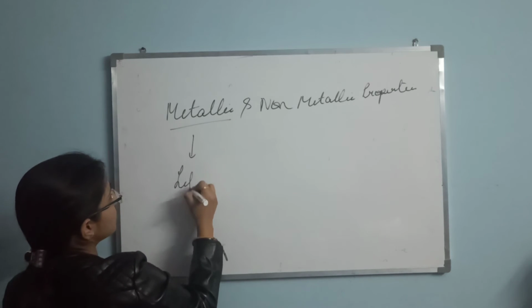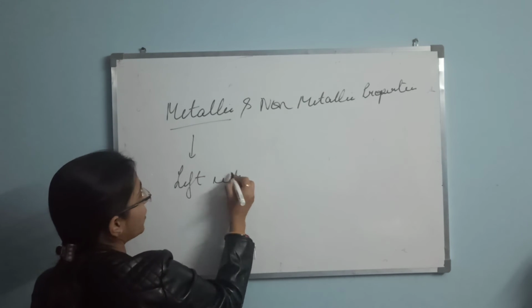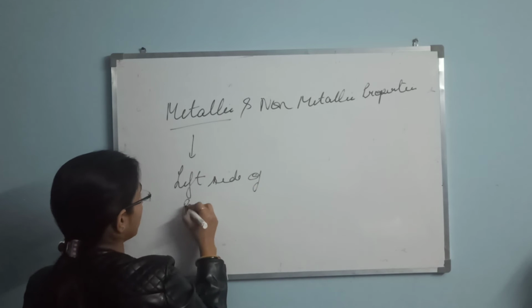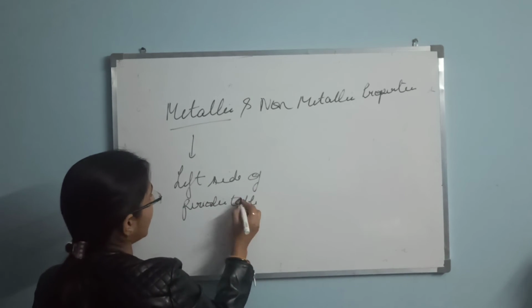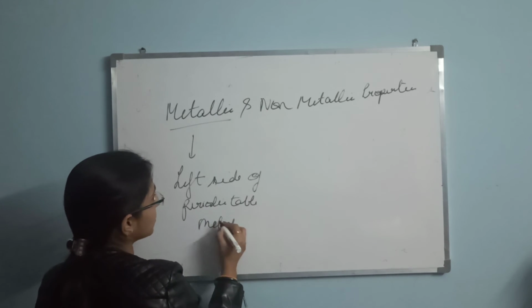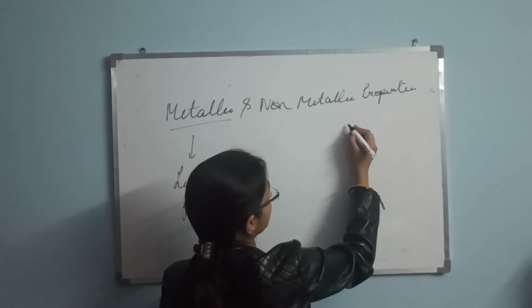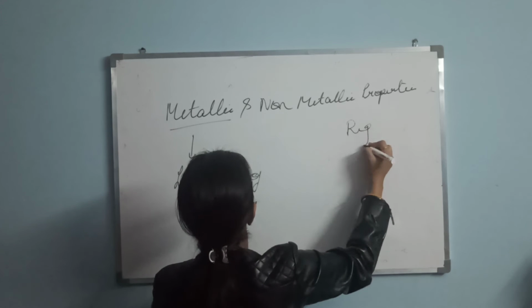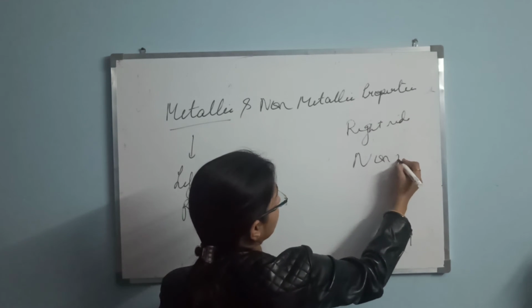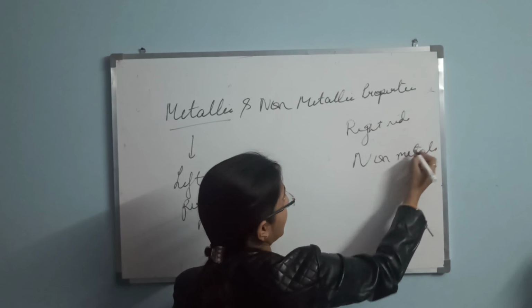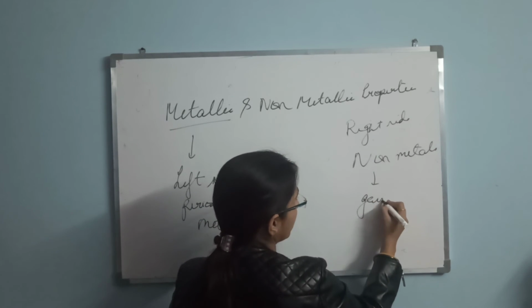The elements which are present on the left side of the periodic table are called metals, and the elements which are present on the right side are non-metals. Why non-metals? Because they have a tendency to gain electrons.